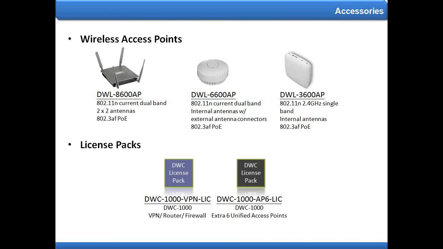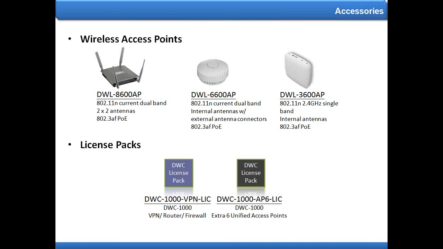Now, all three of those access points do support power over Ethernet, so you don't necessarily have to worry about getting power over to those access points. They just need to be powered with a power over Ethernet switch, like any of D-Link's WebSmart DGS-1210-10P, the DGS-3120 series, or the DGS-3420 series.